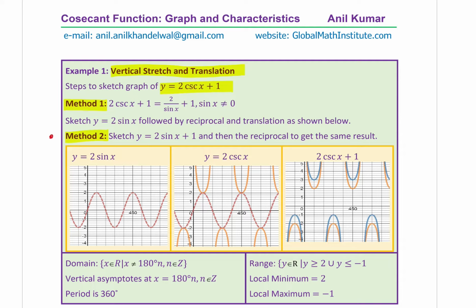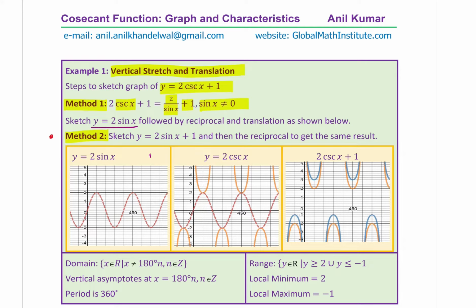The first method here is, as you know, cosecant is the reciprocal of sine. So the expression 2 cosecant x plus 1 we could write as 2 over sine x plus 1. And of course, sine x cannot be equal to 0. So the steps involved are that first you sketch the graph of y equals 2 sine x.